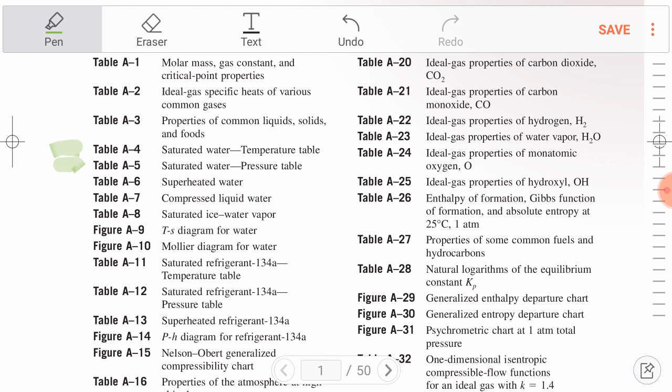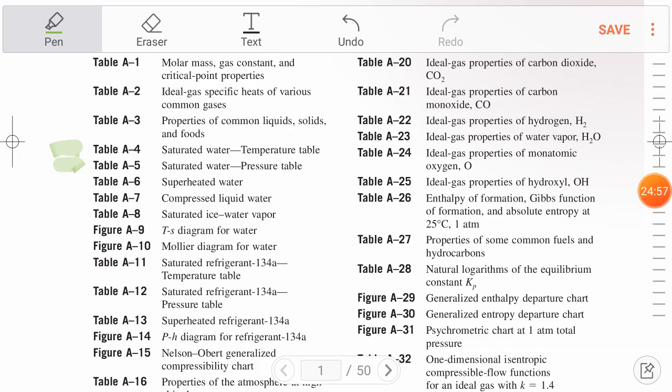In thermodynamics we have two different types of tables in the saturated region especially. One is along temperature and one is along pressure. So we have temperature values like 100, 101, 102 or like 100, 110, 120 in a specific manner, and along with them the pressure, like 2 kilopascal, 2.2 kilopascal.